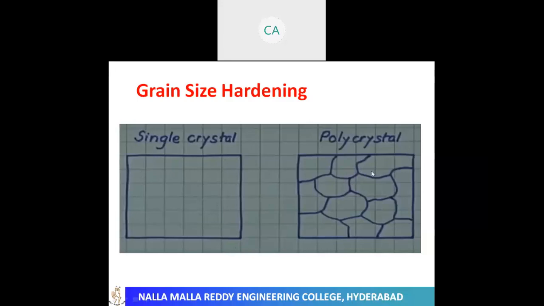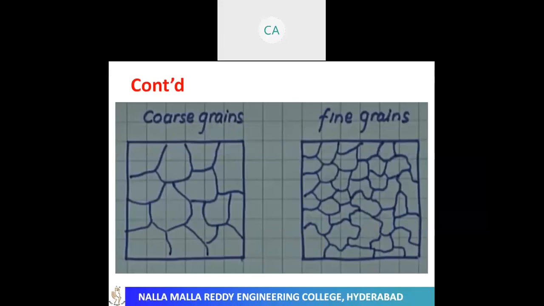That is, the orientation of the unit cell changes from region to region. This change in orientation creates what are called grain boundaries. So, grain boundaries act as an obstacle to dislocation motion.